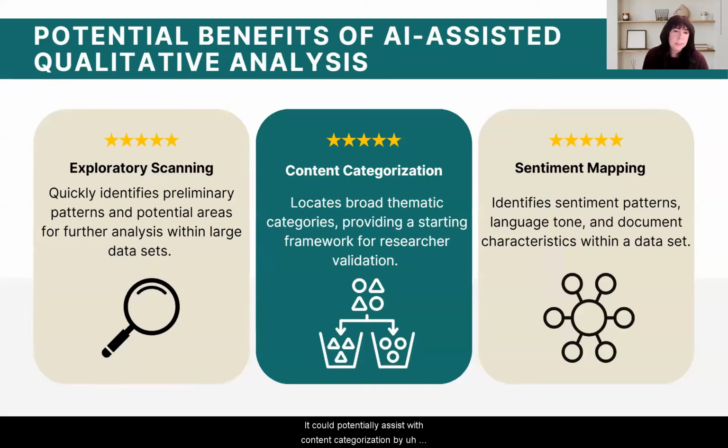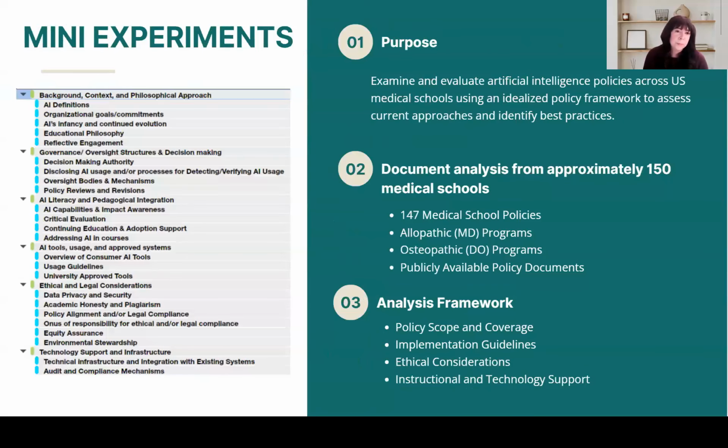It could potentially assist with content categorization by locating broad themes and perhaps providing a starting point for additional research. And then finally, one of the areas in which AI was more proficient was sentiment mapping, or looking at patterns in documents in terms of language, tone, or document characteristics. Next slide, please.